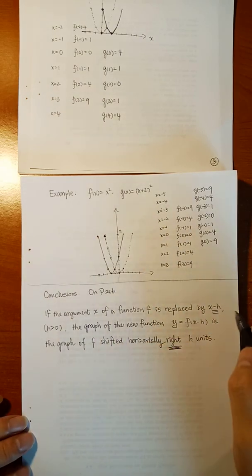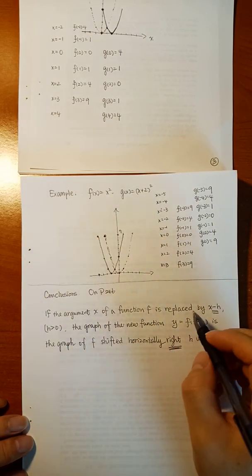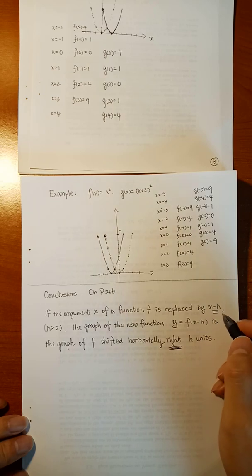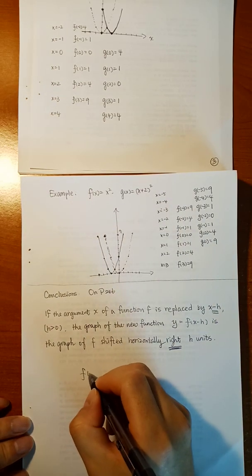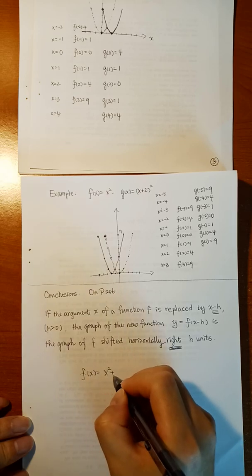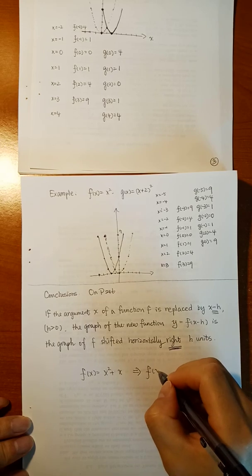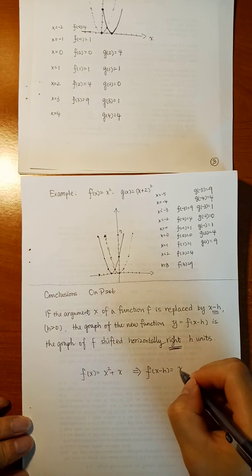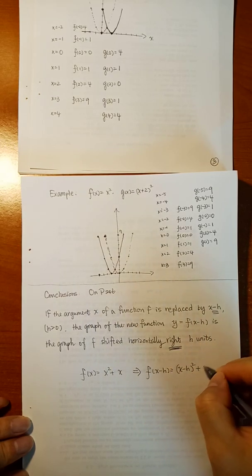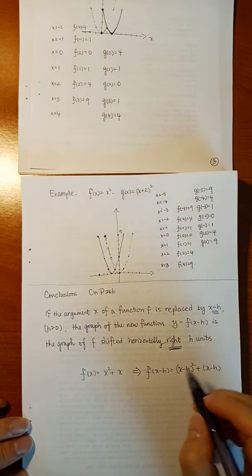And be careful, x is totally replaced by x minus h. So for example, if your function is x squared plus x, then your f(x minus h) becomes (x minus h) squared plus (x minus h).